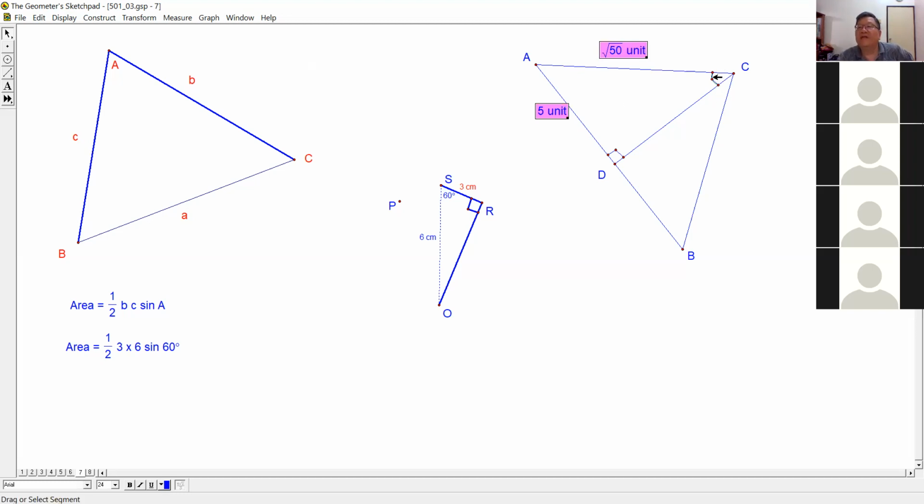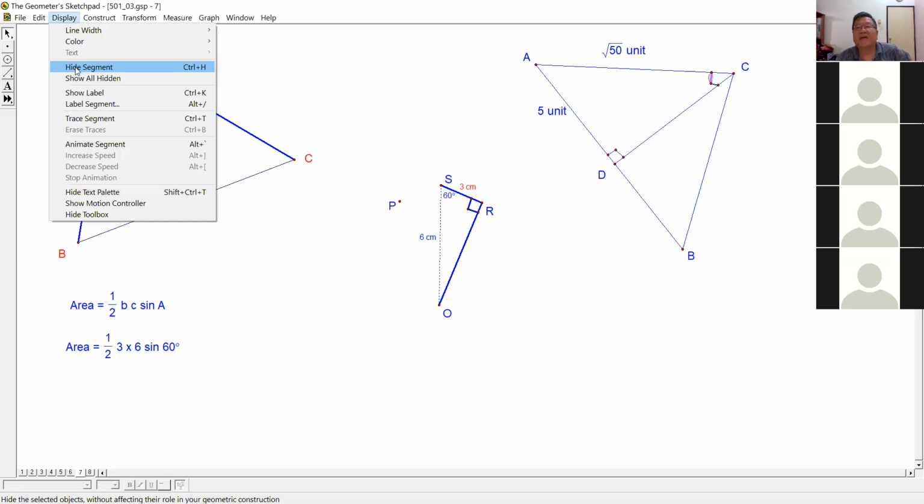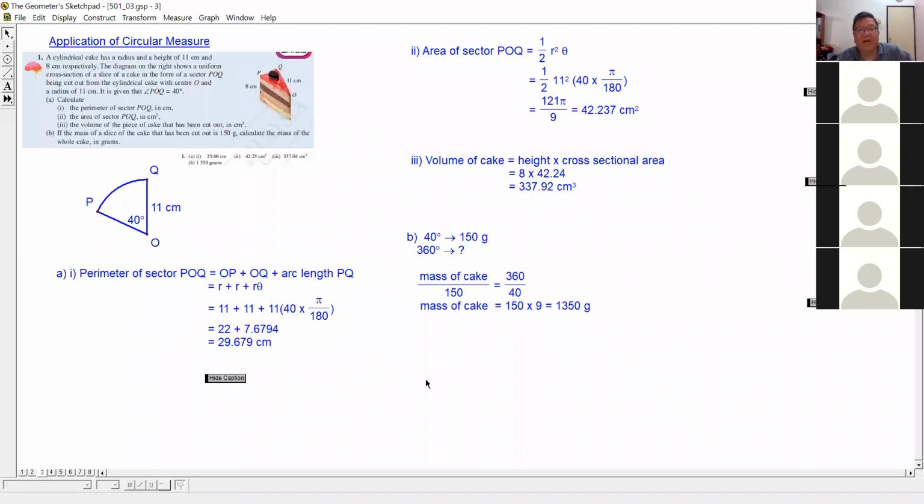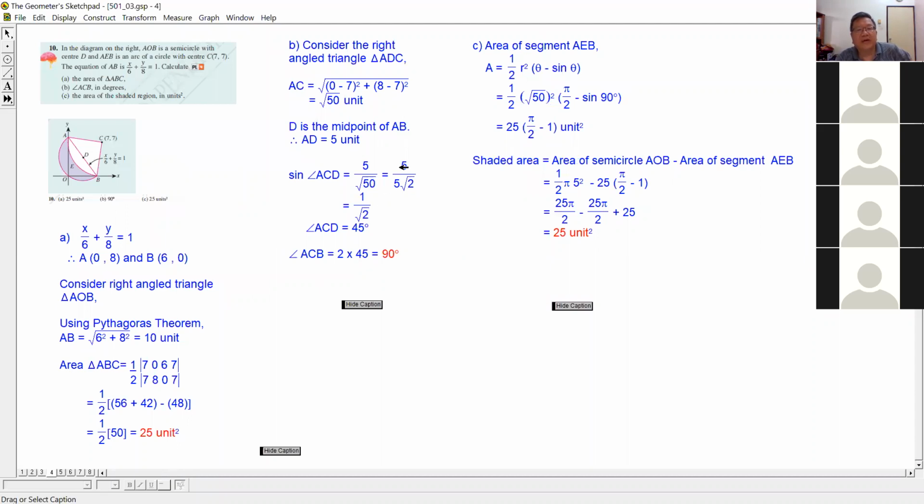Now the other half, there's another half here also the same, because this is an isosceles triangle. So if this is 45, this is also 45. So it is 5 divided by square root 50. I use the sine and I found it to be 45.